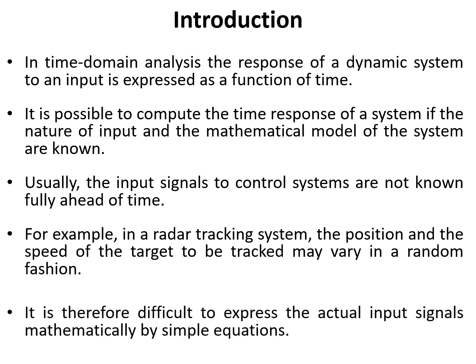So it is very difficult to express the actual input signals mathematically with a single equation. I can just analyze the system by taking some input, but definitely you cannot say this will always be the input for the system. That depends on your application of the system.